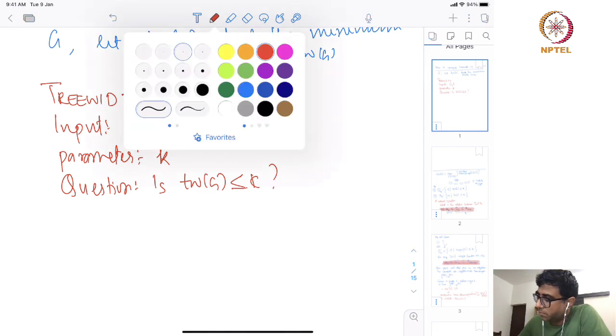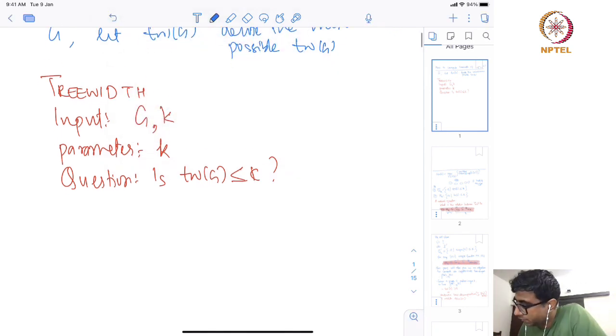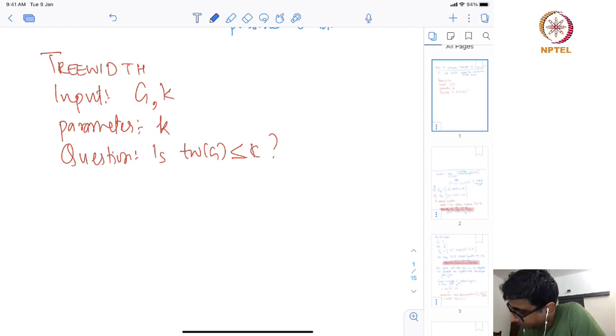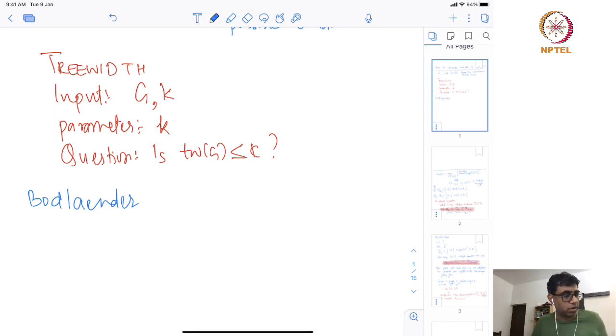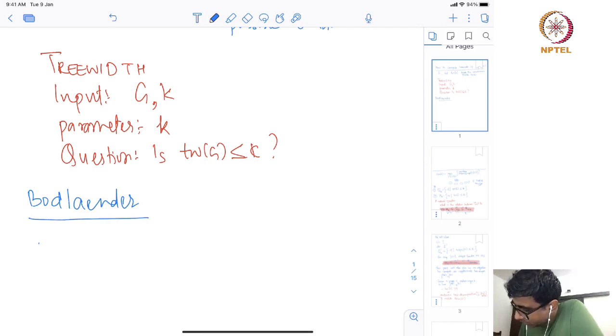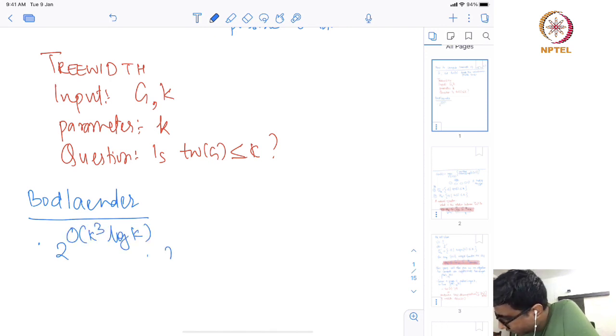Now, this problem was known to be FPT already from the 1980s, but the first explicit algorithm was given by Hans Bodlaender, who showed an algorithm for tree width running in time k cubed log k times n.